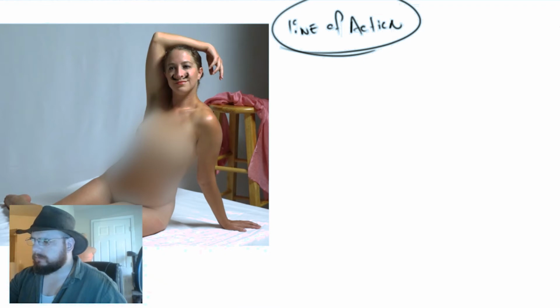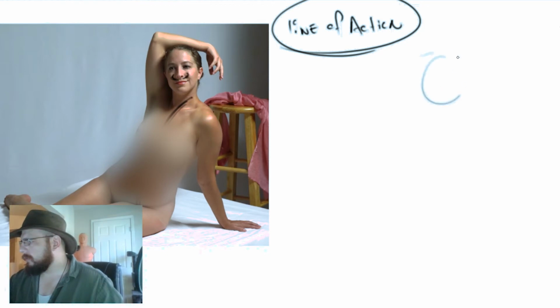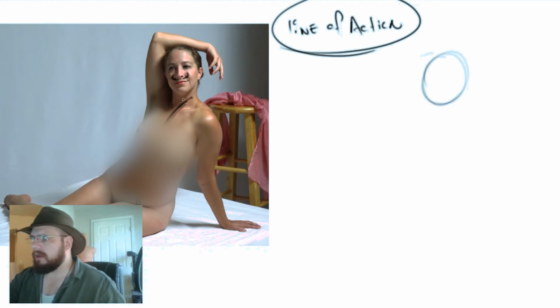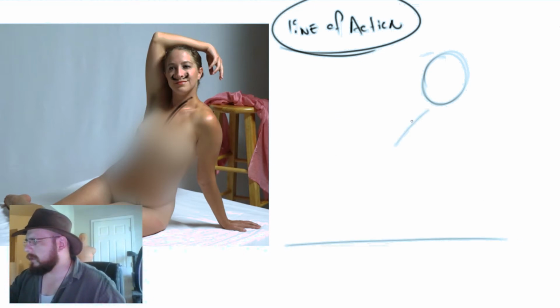line of action. Now this woman is arching her back quite heavily here, so in our drawing, once we've placed the position of the head, I want to take this line of action, and where it's a curve like this here, I actually want to push that curve even further and maybe make it two curves instead of just one.